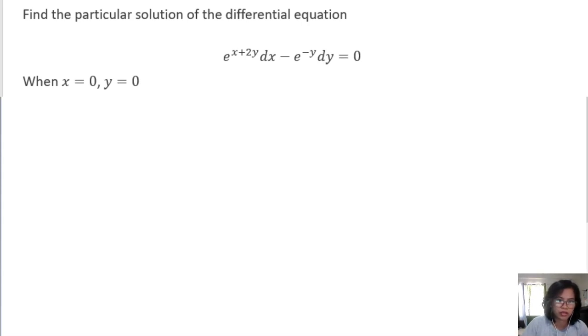Okay, so first step, we can actually modify the form of that differential equation into this. So algebra, guys.